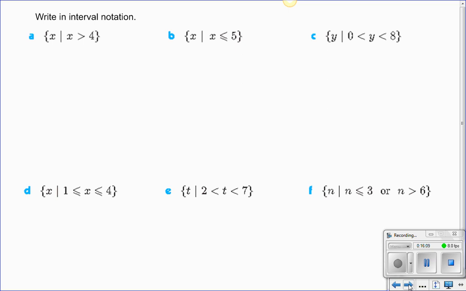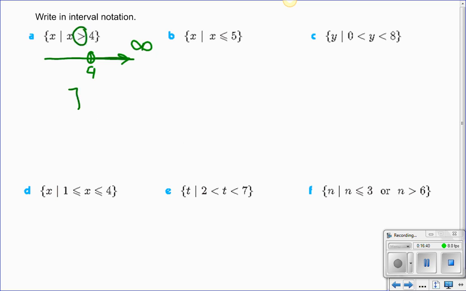If x is just simply greater than 4, so if you think about that on a number line, we're at 4, it's an open circle going forever towards infinity. Okay, so infinity represents the most positive, huge number possible. And so our interval is going from 4, not including 4, because there's no equal sign, right?